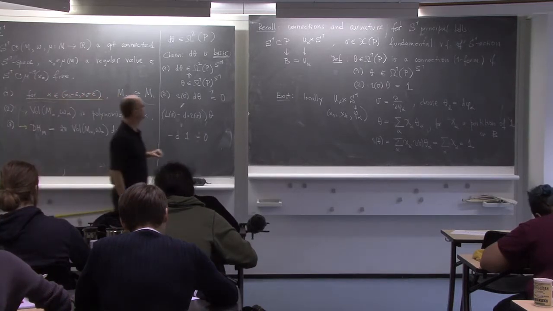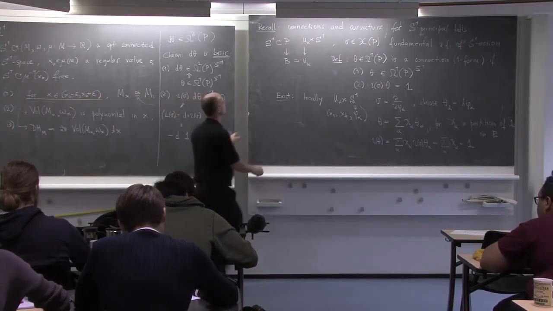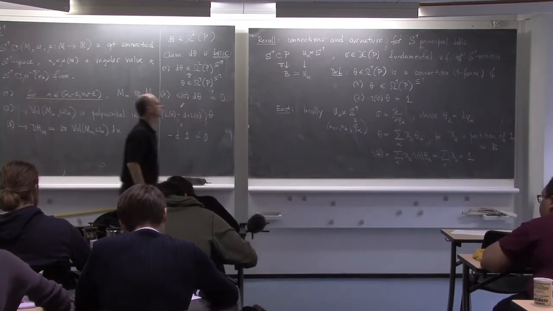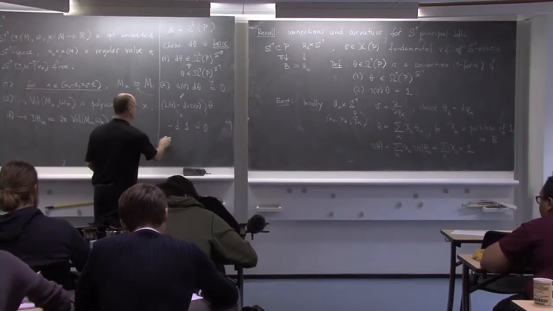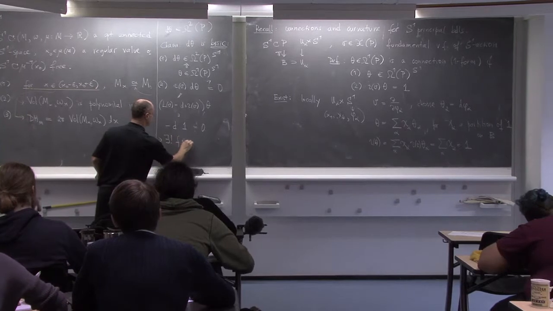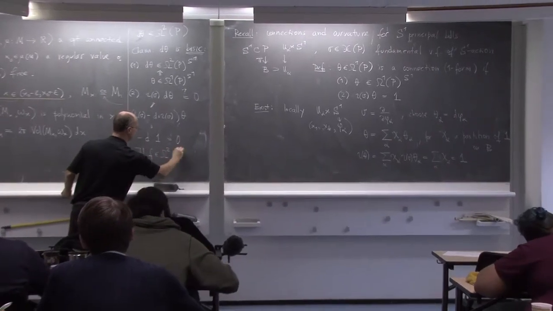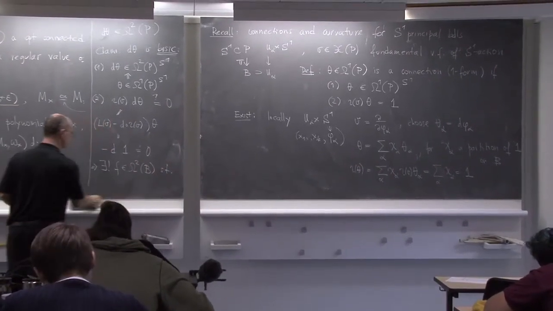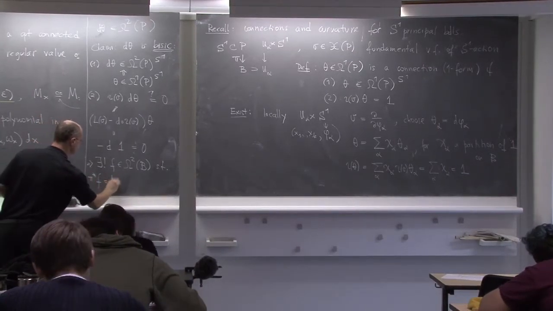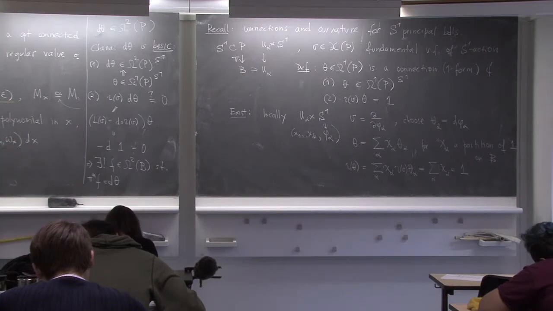So what does it mean that it's a basic form? If I denote the projection by pi, this means there is a unique two form f on the base such that pi star of f is d theta.